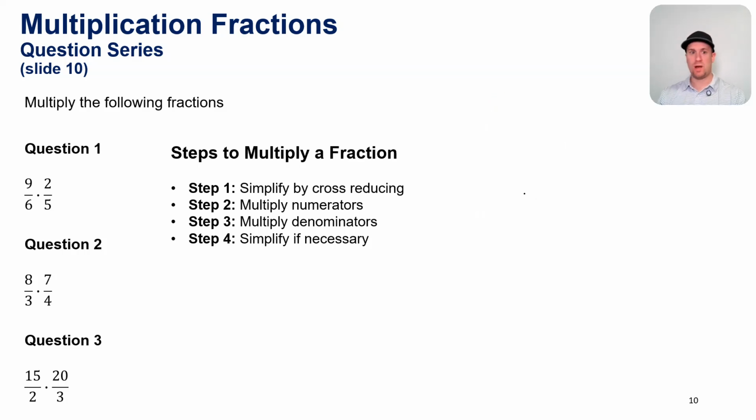Okay, so looking at question number 3 now, we have 15 over 2 times 20 over 3 here. Okay, so we are going to look to see if we can cross-reduce first, which we can. We can actually go both ways. So I can divide a 2 into the 2 and a 2 into the 20.